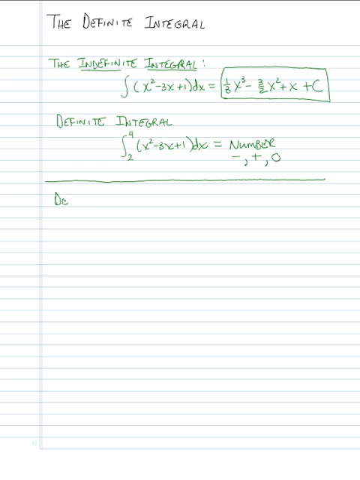For a definite integral, in general, we'll have an integration sign with an A and a B. And normally, the number on bottom is the smaller, and the number on top is the larger. And we call those the limits of integration.